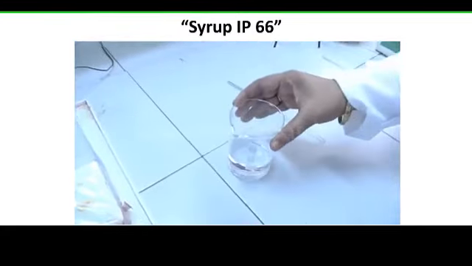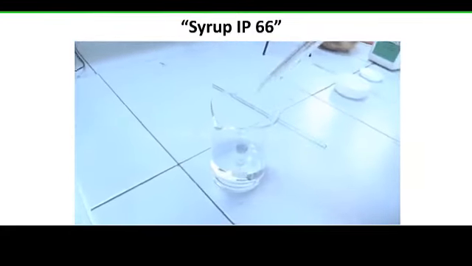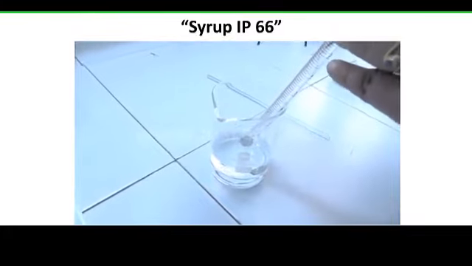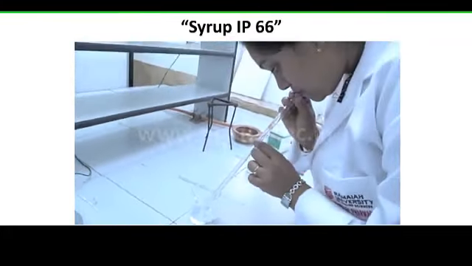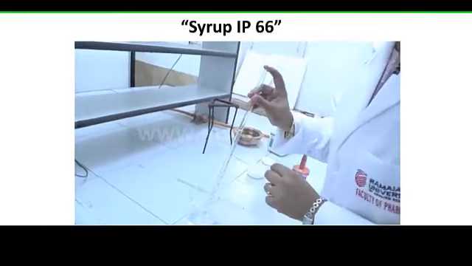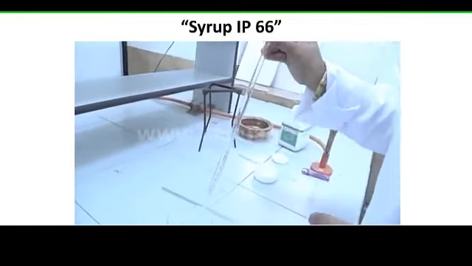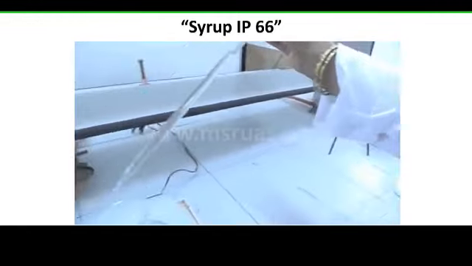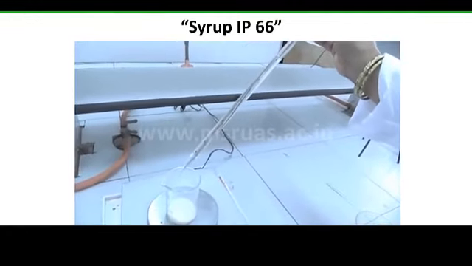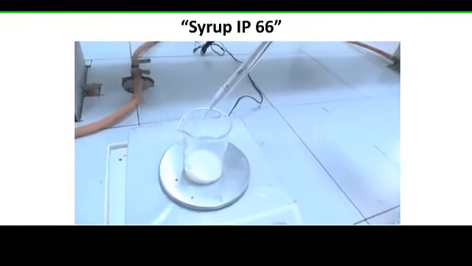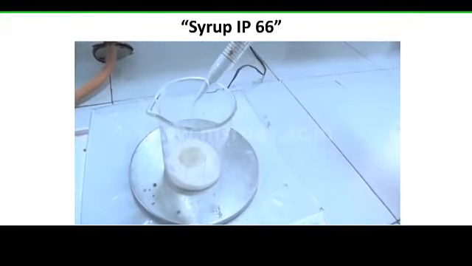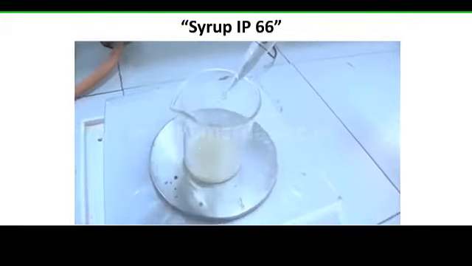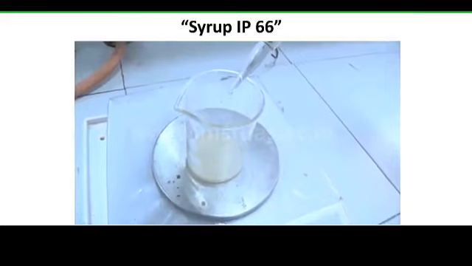Now take the distilled water or purified water with a pipette, and add it to the preparation till the weight of the preparation shows 20 grams.